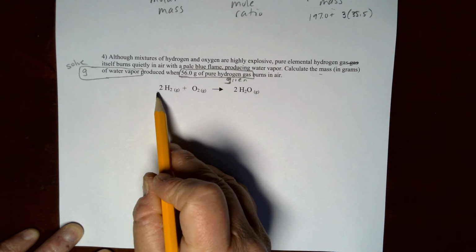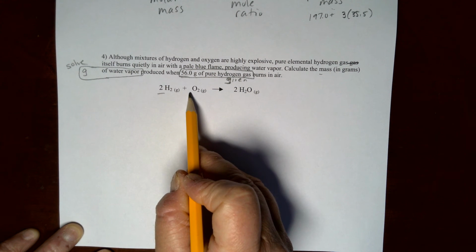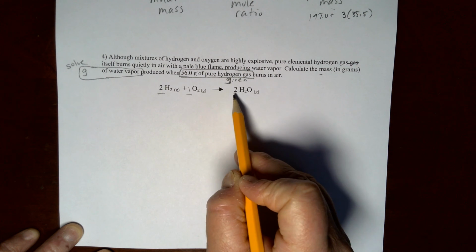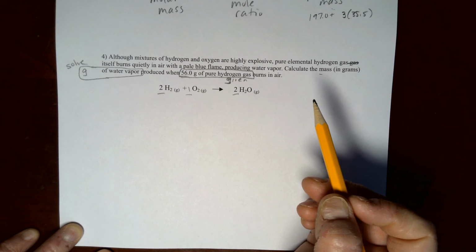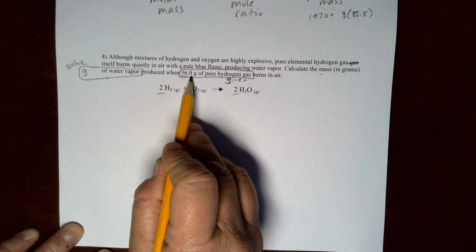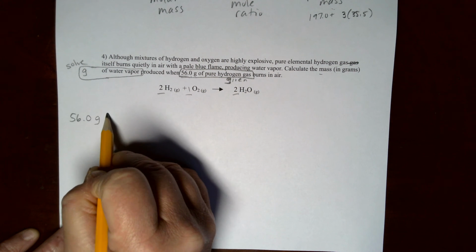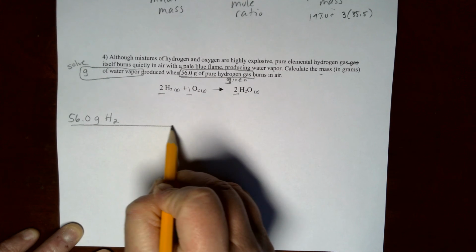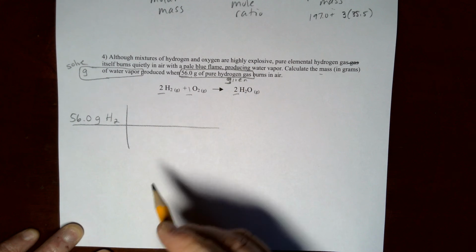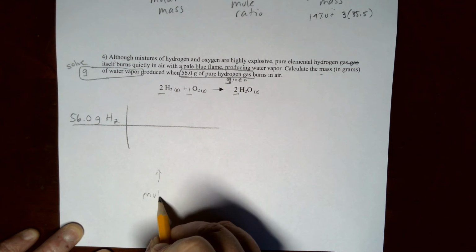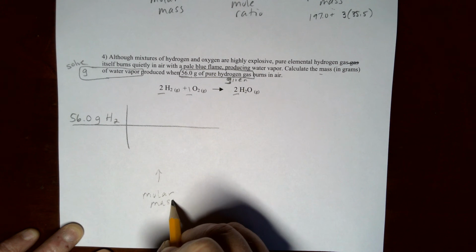We've got a balanced equation here. 2 moles of hydrogen, 1 mole of oxygen, 2 moles of water. We're going to start with that given quantity all the way to the left side of our paper. 56.0 grams of H2. Remember, we've got molar mass as our first conversion fraction.